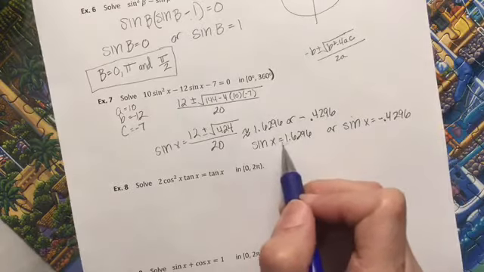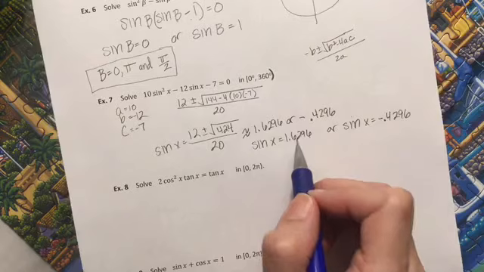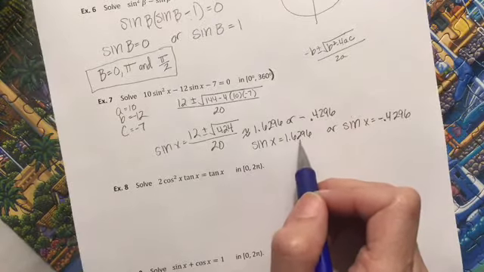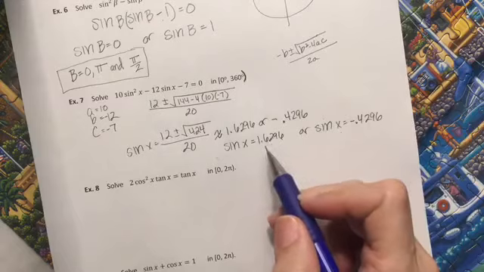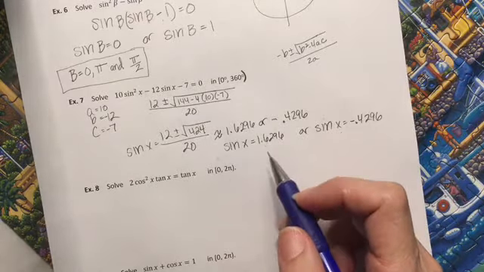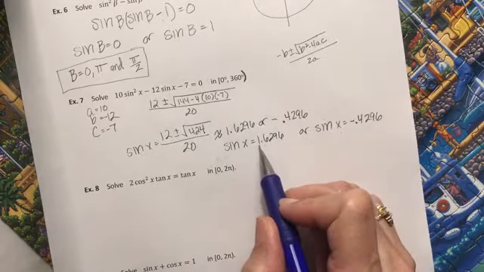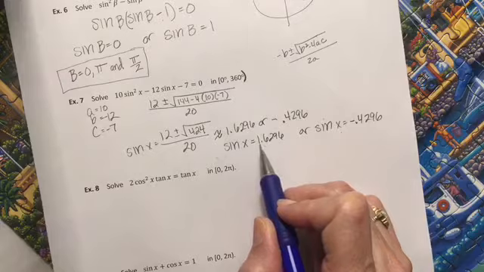So now we're saying what are all the angles whose sine is 1.6296. When you put this in your calculator, you would get an error because the ratio for sine is never going to be greater than 1.